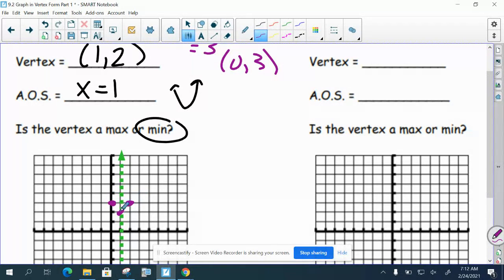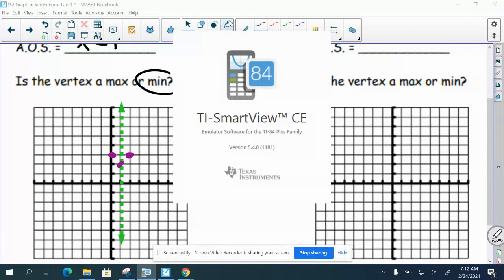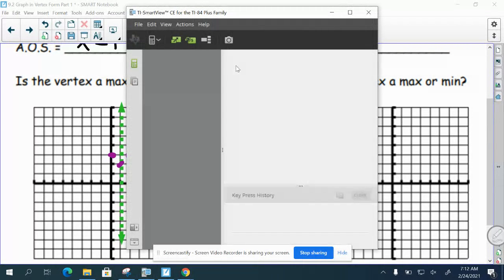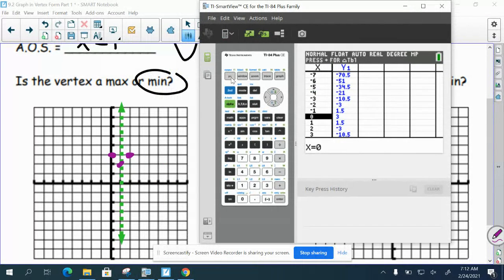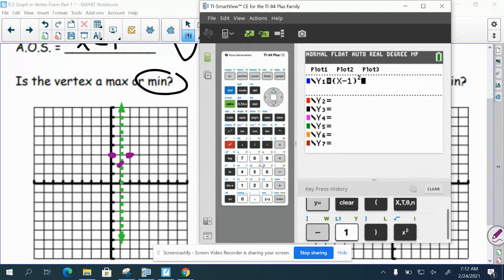Okay, and then you only need 1 point for graphing in Desmos, but if you were doing this on paper, you might want to get another point, and in order to do that, you would look at your graphing calculator. So I would type this equation into my y equals (x minus 1), don't forget the squared part, plus 2.